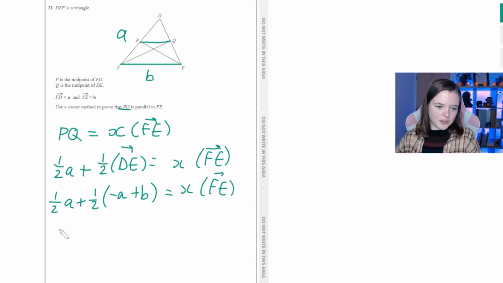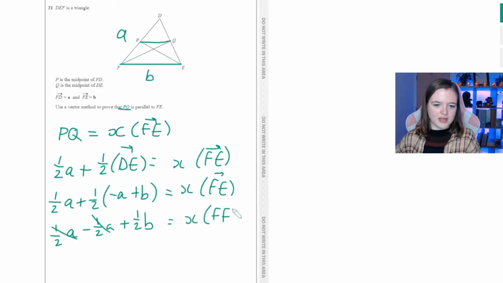Okie dokie, then let's deal with this. So we've got half a plus minus a half a, they're going to disappear, and then plus a half b. So we're left with a half b equals x lots of FE. Now it's time to find that.